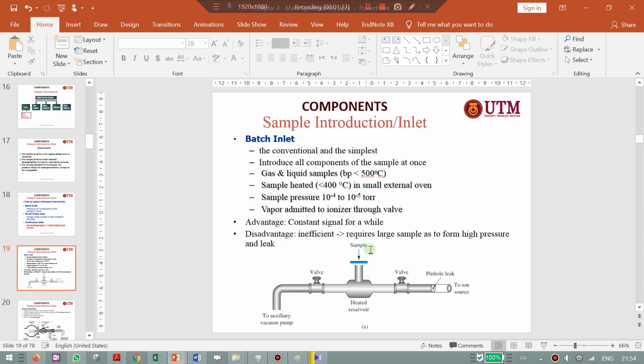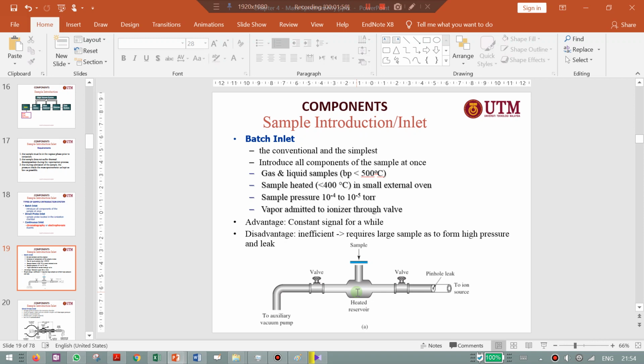What happens is your sample is introduced over here, from the heating process at an elevated temperature. Let's say for example you have two or three compounds over here, and the important thing is your compounds have very different boiling points.